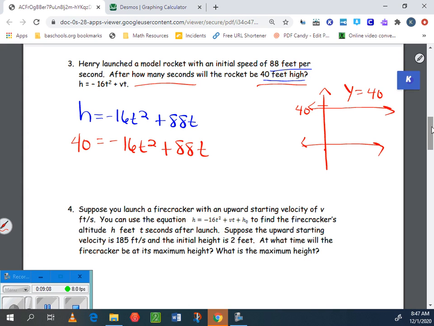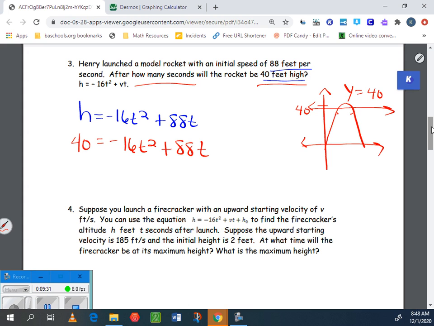I want to know when that rocket is going to be 40 feet high. It might be 2 times, might be 1 time, it just depends. But I'm going to be looking for when that parabola intersects that line, y equals 40, when the height is 40. So that's how this becomes a system of a linear equation and a quadratic equation.